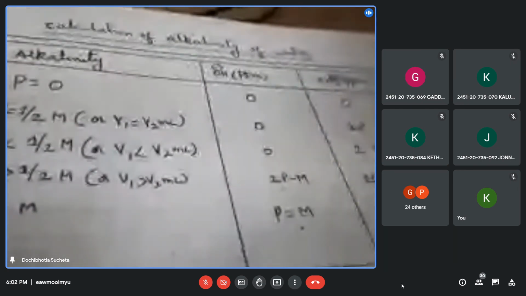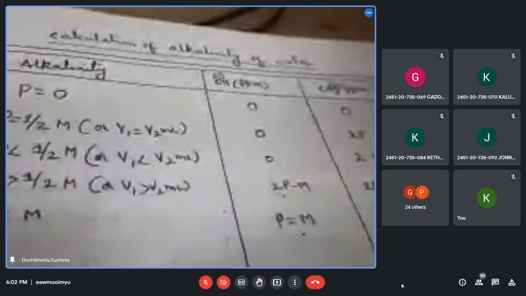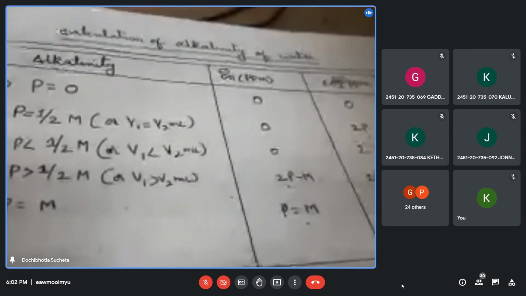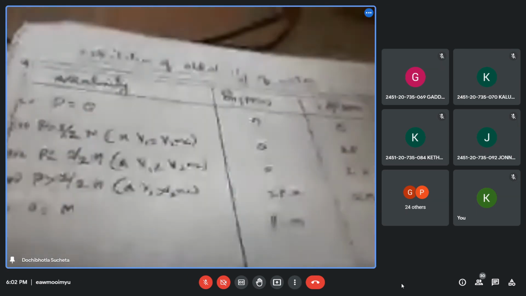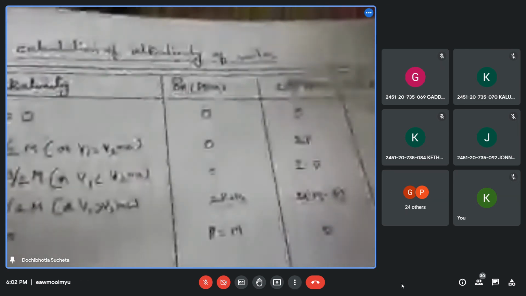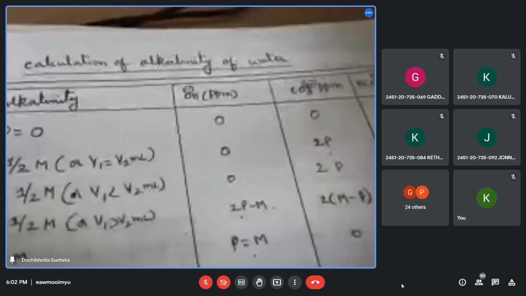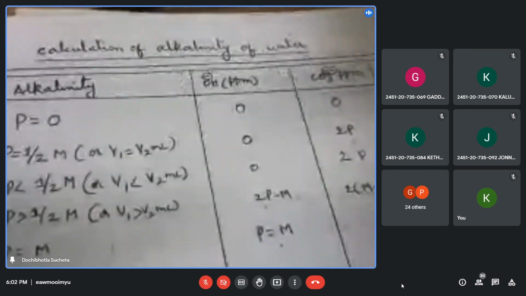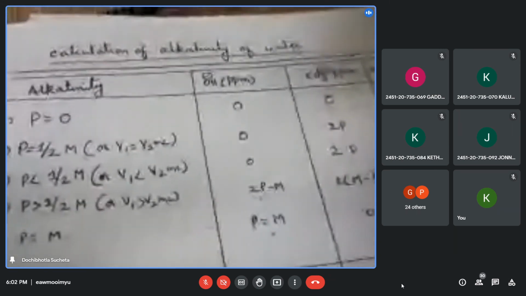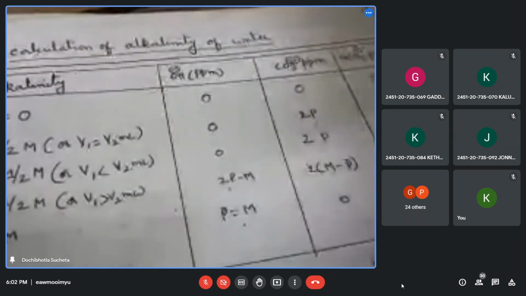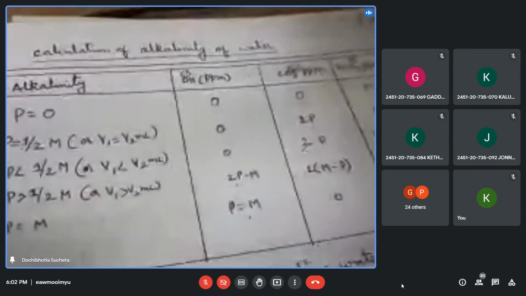This is important. First, write this table straight away. Alkalinity, OH minus, carbonate and bicarbonate. This is the table.